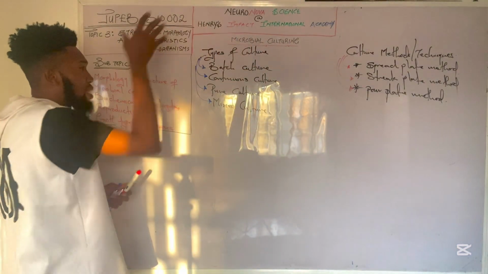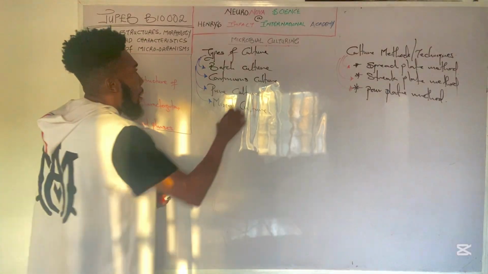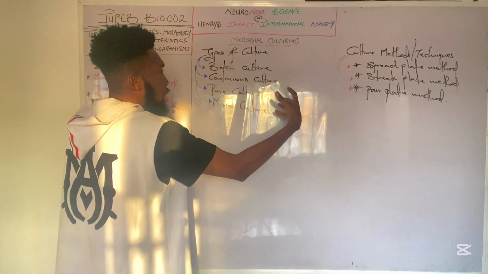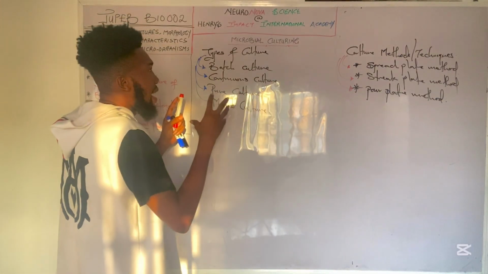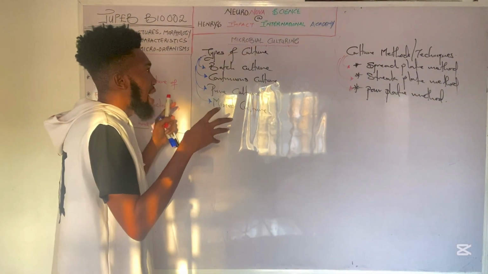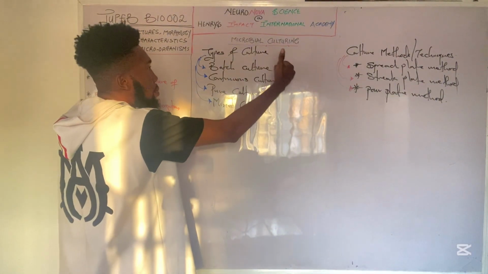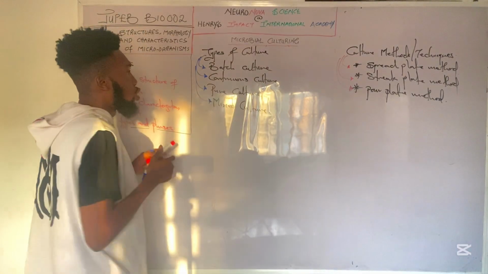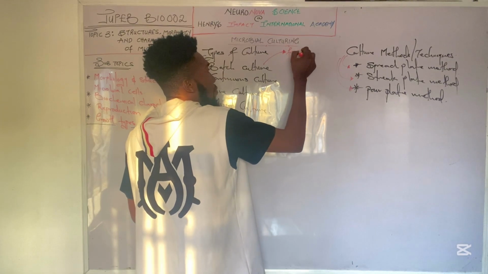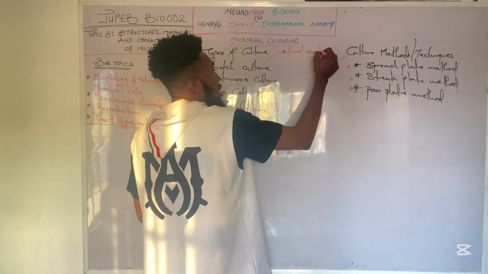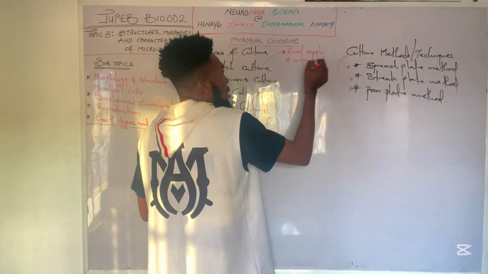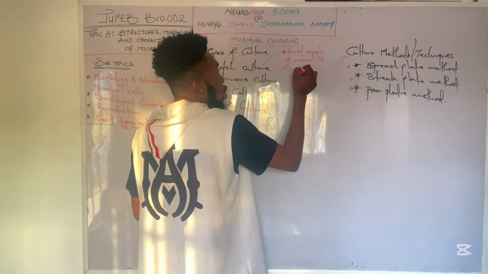Now, we'll start from the batch culture. Batch culture and continuous culture have a common concept of discrepancy that can help us distinguish between the two. And what's that? In batch culture, you are having a fixed supply of nutrients to the culture.